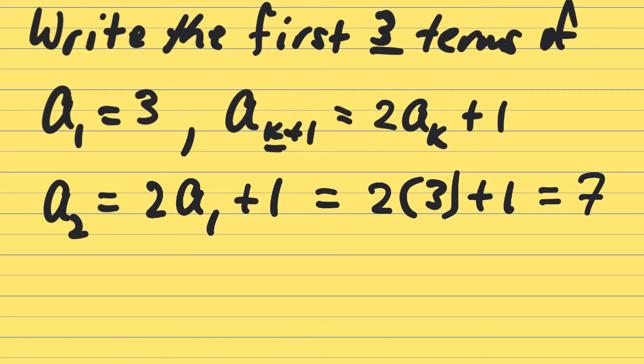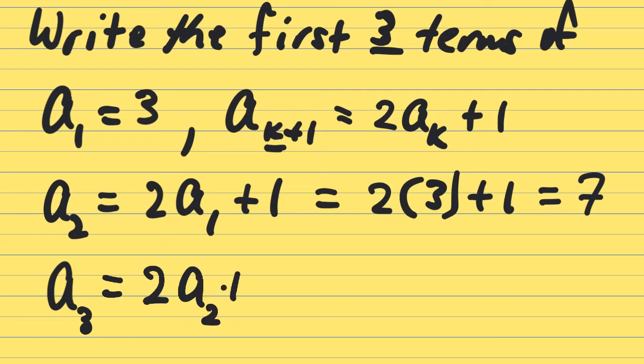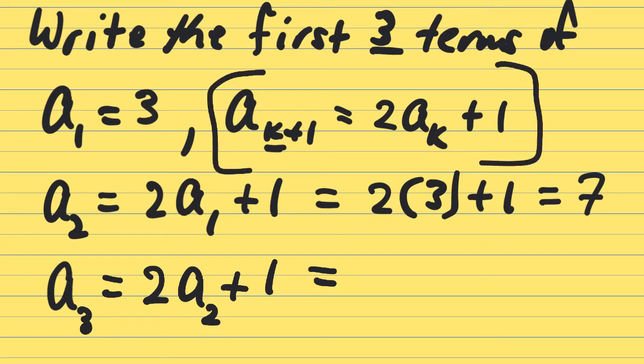Now that answer gets cycled back into the k equation. A3, that's 2 times a sub 2 plus 1. So you're constantly recycling the previous answer into the k formula right there.